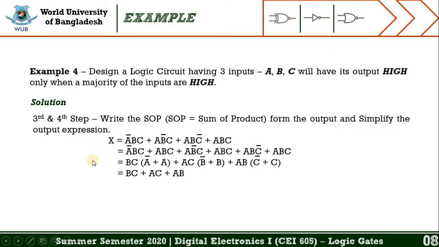We already found the expression: A bar B C, or A B bar C, or A B C bar, or A B C. If we simplify this expression, we finally get BC or AC or AB.